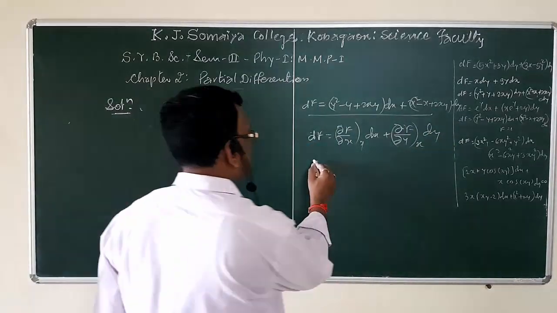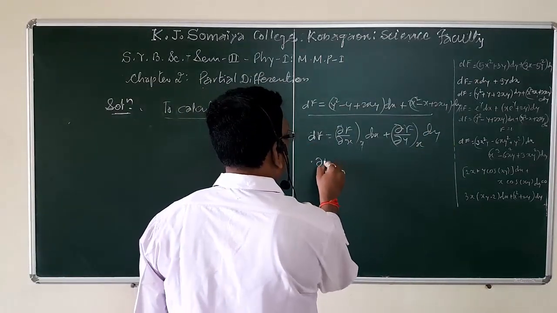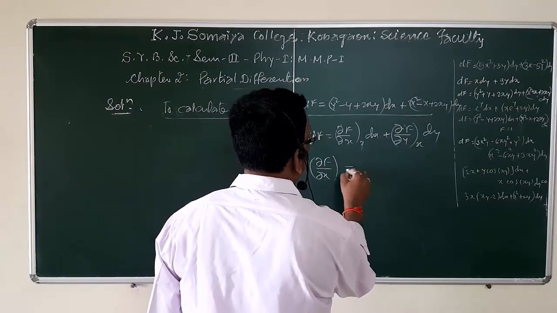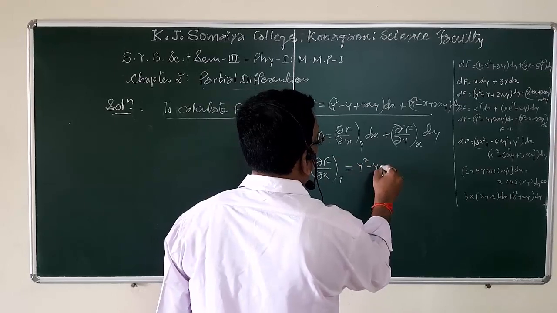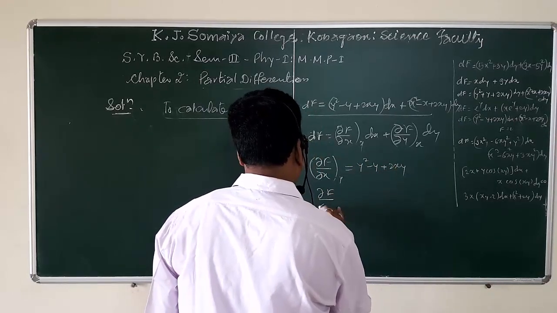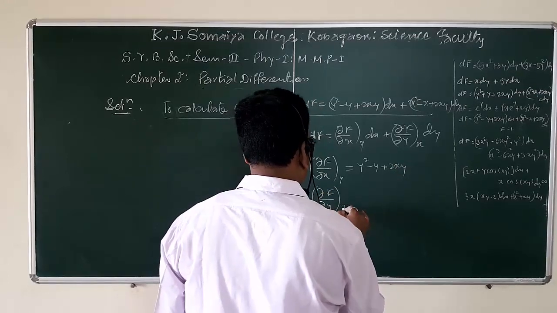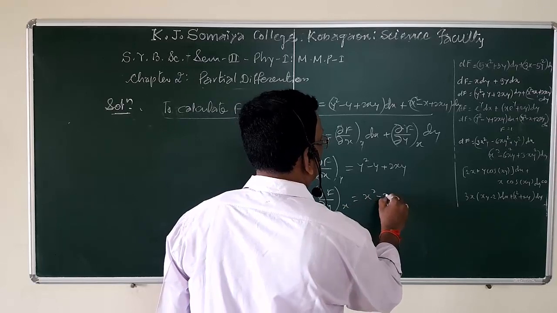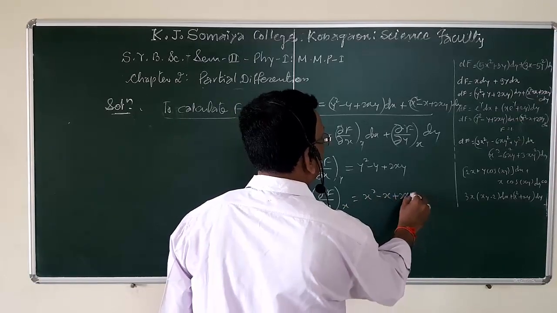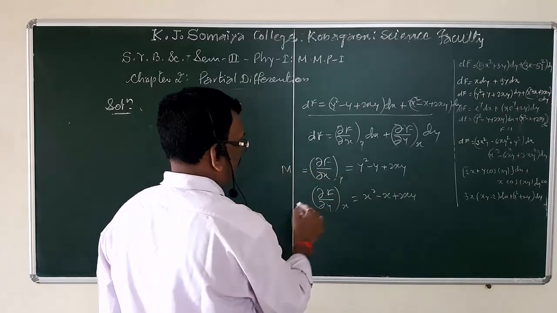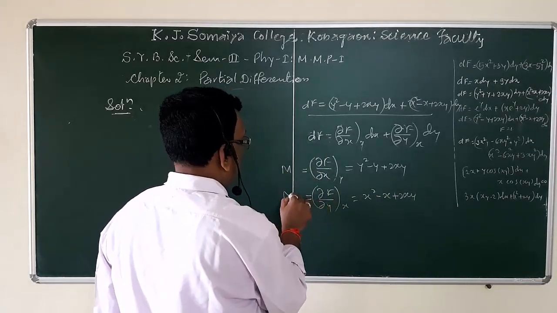Comparison gives us del f by del x at constant y is equal to y square minus y plus 2xy, and del f by del y at constant x is equal to x square minus x plus 2xy. We know that this value is nothing but M, and this is the value of N.